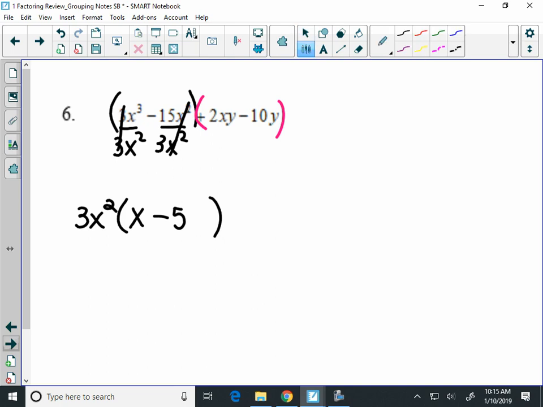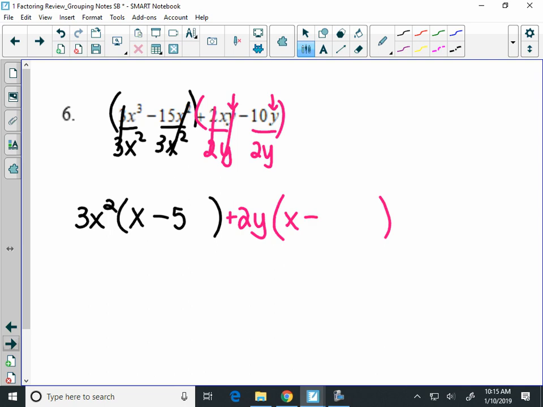All right, in my next set, I have the number 2 in both, and they both have the letter y. So I'm going to pull out a positive 2y as my GCF. Right here, the 2's cancel, the x stays, the y's cancel.